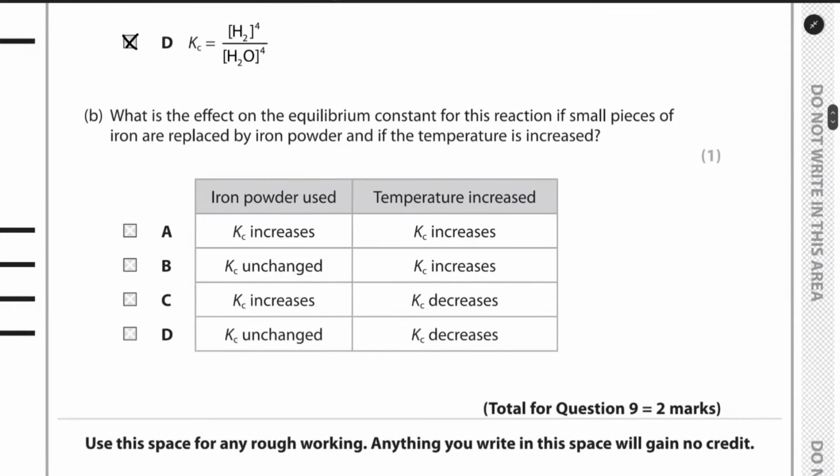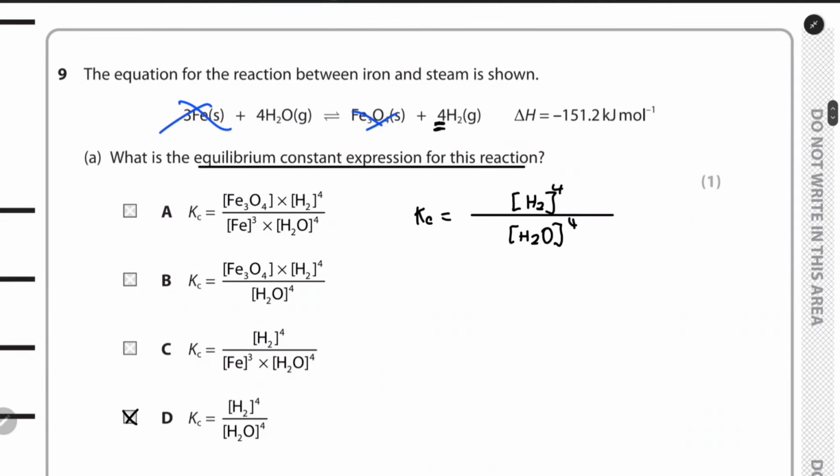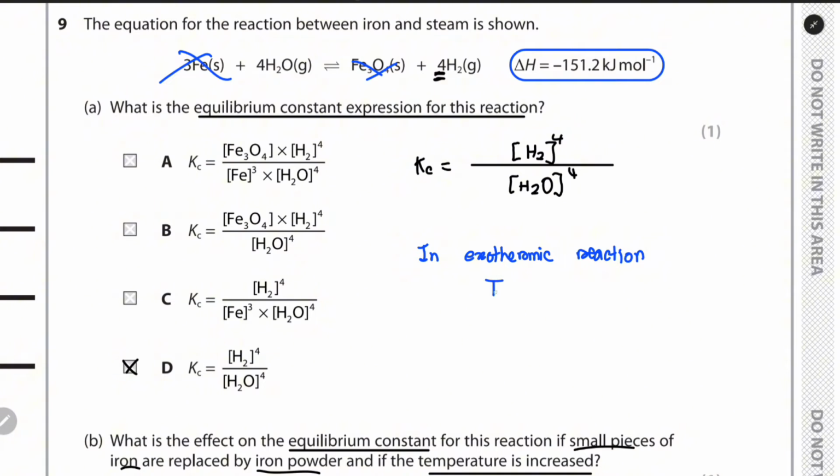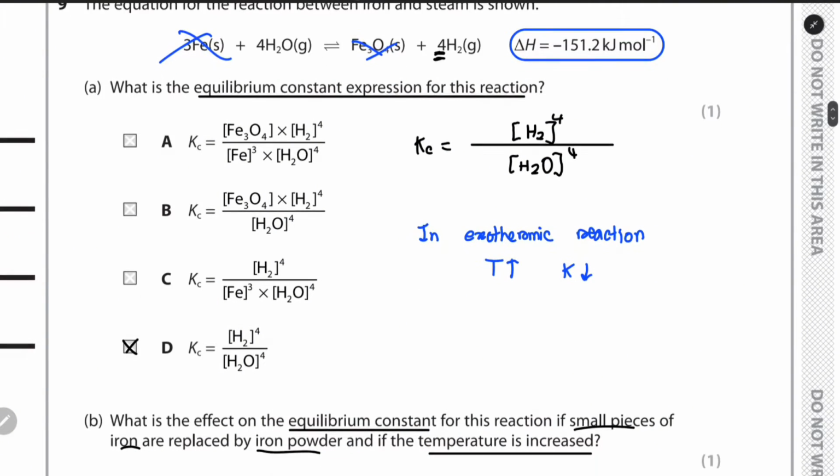Now in question 9b, we have to write down the effect on the equilibrium constant if the small pieces of iron are replaced by powder and if the temperature is increased. Now this is an exothermic reaction. In an exothermic reaction, if the temperature is increased, the value of the equilibrium constant decreases, and in endothermic reactions this is the opposite.